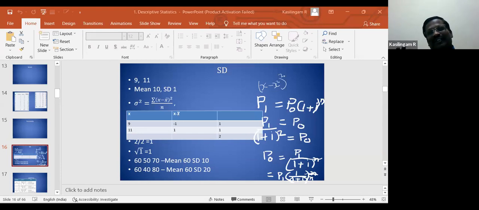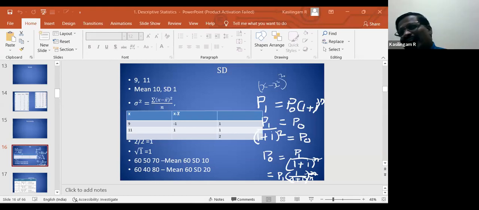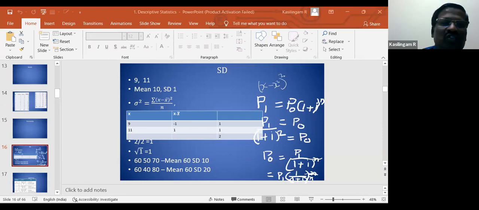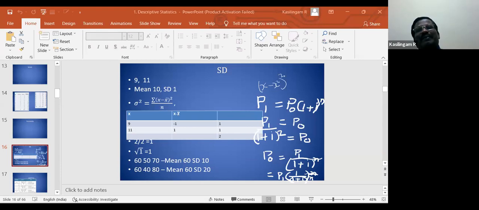So in nominal also we have categories, and in ordinal also we have categories. So we can call these two a category variable. Category variable means nominal and ordinal put together.